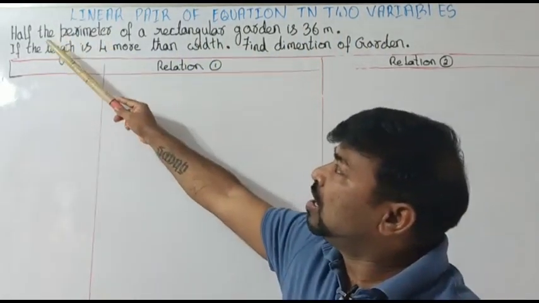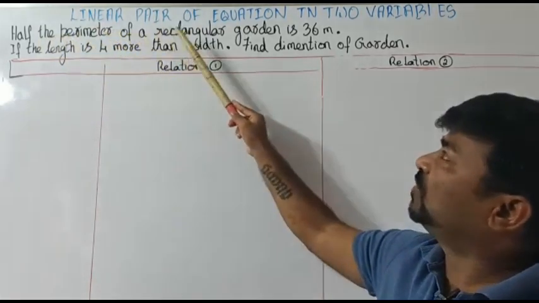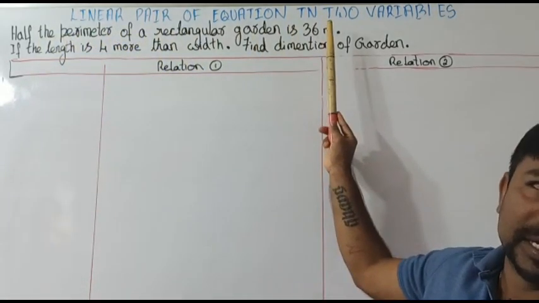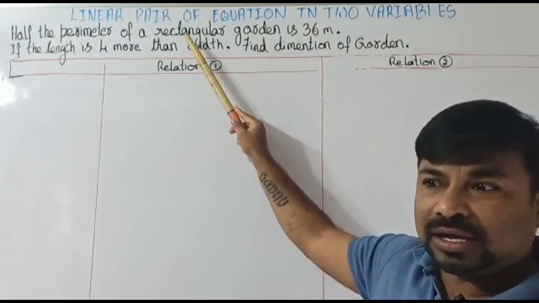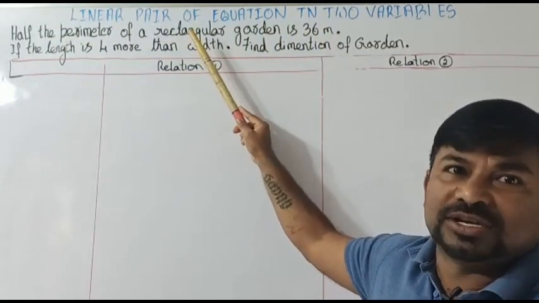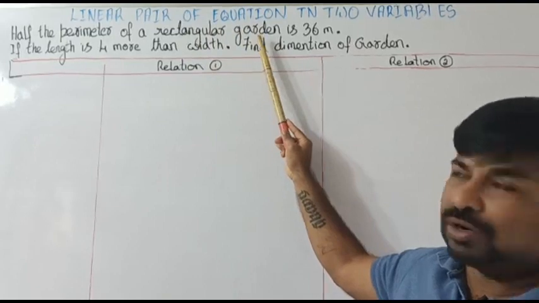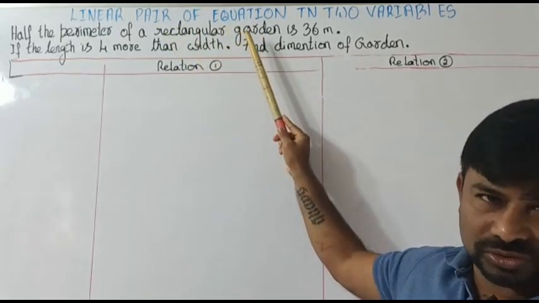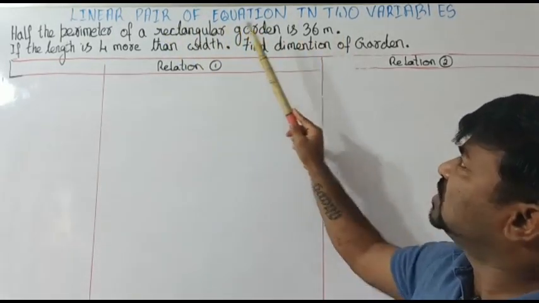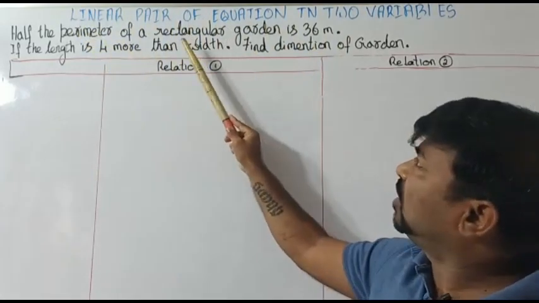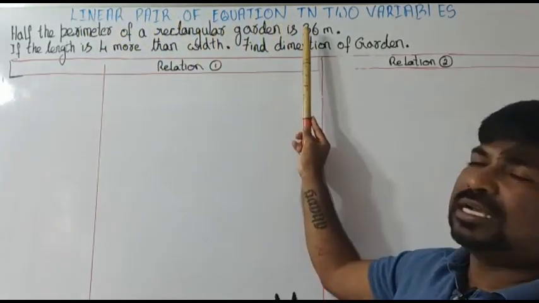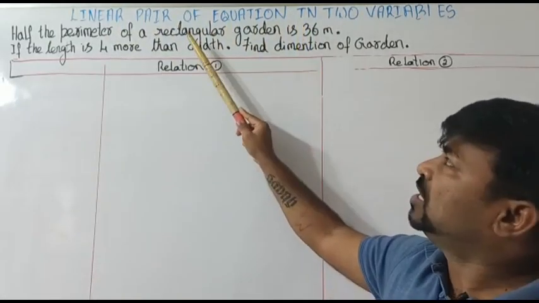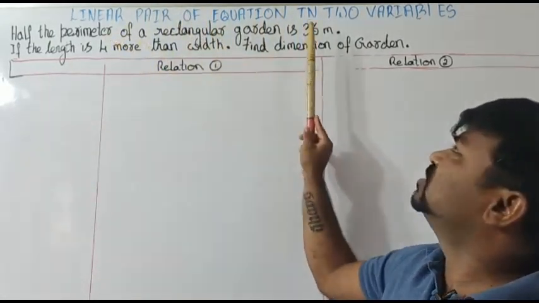I repeat, half the perimeter of the rectangular garden is 36 meters. What is the geometric shape we have seen? Rectangular. And what is the thing present here? It's nothing but the garden. Rectangular garden. He has given the perimeter of the rectangular garden as 36 meters.